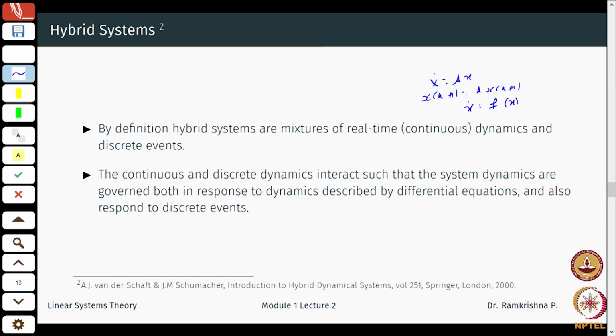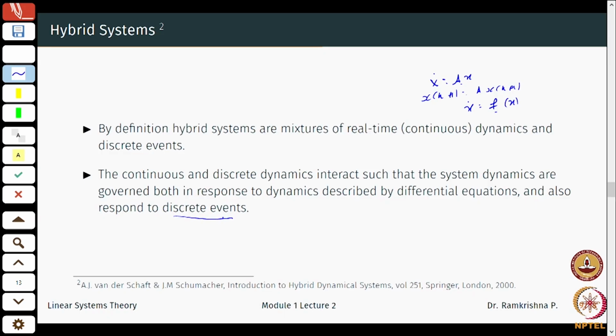Okay. So in this hybrid dynamics, the response of the system in the continuous case is just governed by f, or here just governed by A and so on. So here the response is governed by not only f, but also how they respond to certain discrete events. Okay.